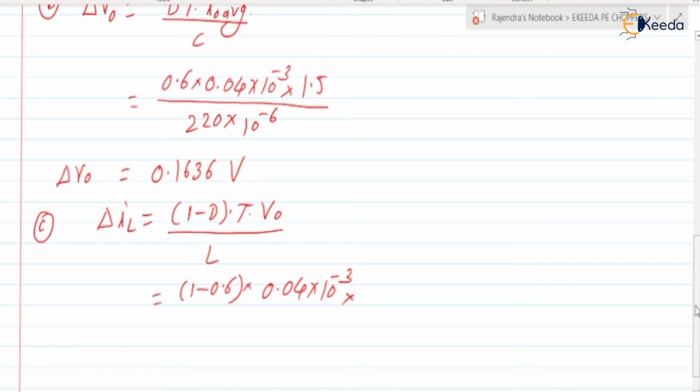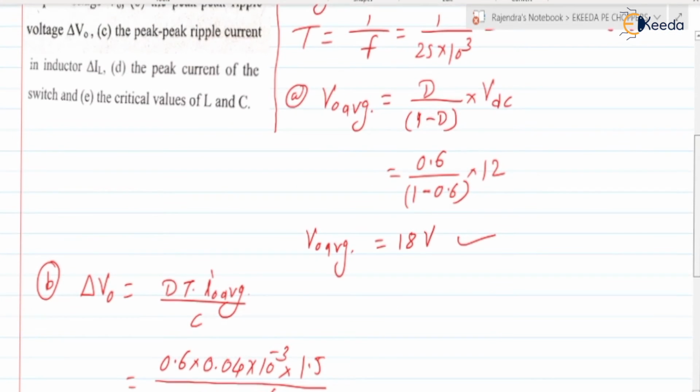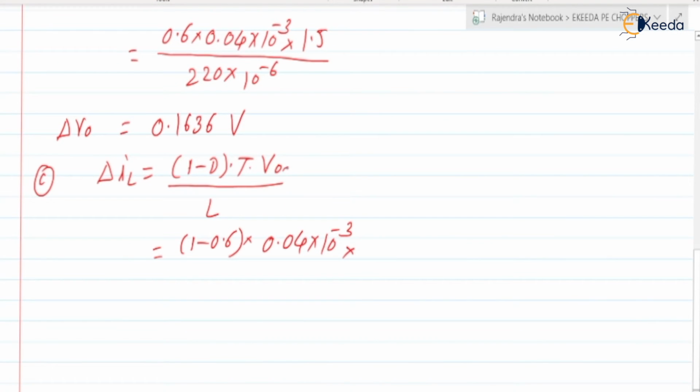The output voltage we have calculated is 18, V0 is nothing but V0 average, so into 18, divided by L. The inductor value is given, 250 microhenry, which is 250 into 10 to the power minus 6.